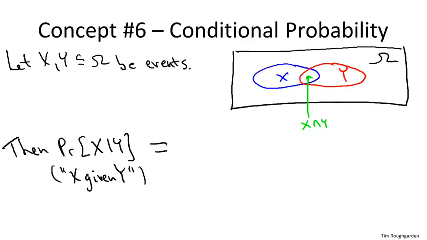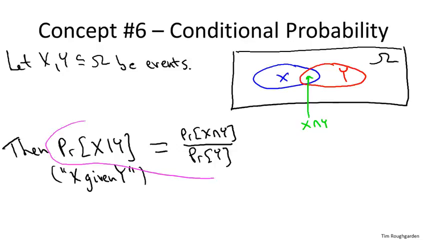So we zoom in on the part of the picture which contains y. So that's going to be our denominator. So our new world is the stuff in y. That's what we know happened. And now we're interested in the proportion of y that is filled up with x. So we're interested in what fraction of y's area is occupied also by stuff in x. So the probability of x intersect y divided by the probability of y. That is, by definition, the conditional probability of x given y.